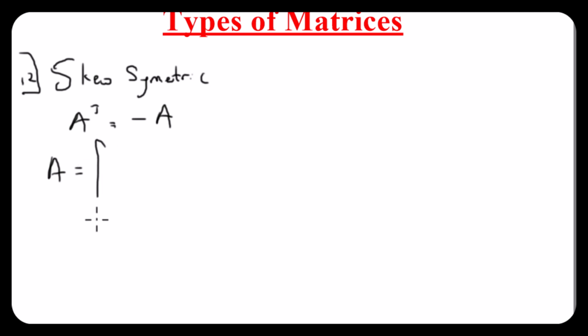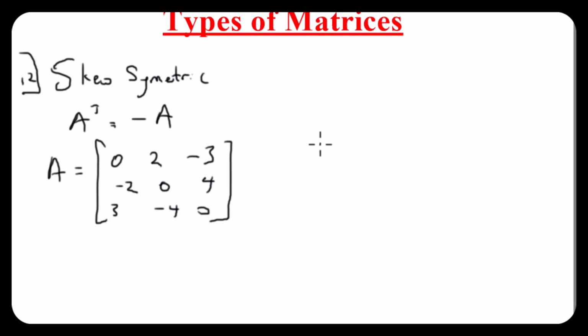So let's say we have A equal to 0, 2, minus 3, minus 2, 0, 4, 3, minus 4, and 0. Now remember, for it to be skew symmetric, A transpose must be equal to negative A. So let's find negative A. For negative A, it just means I'm multiplying this matrix by negative 1.